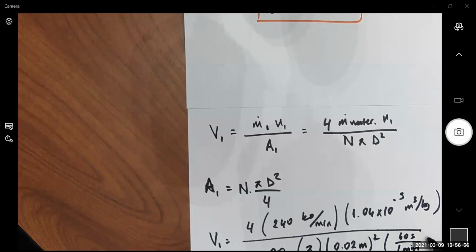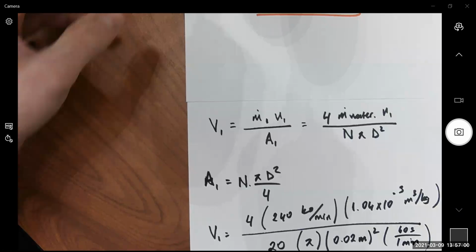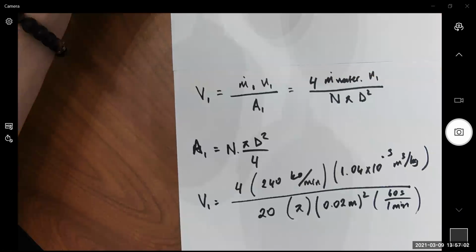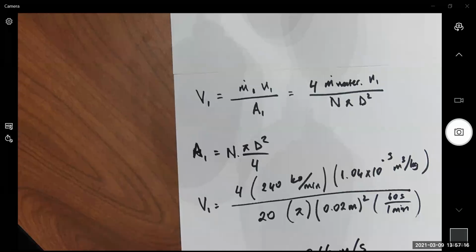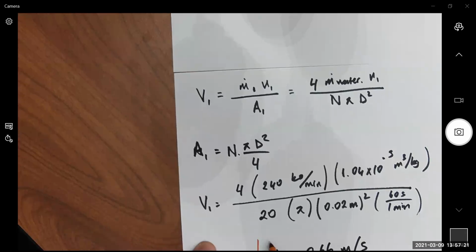I need a unit conversion because mass flow rate is given in minutes. And velocity at the inlet of the water stream, or hot stream in this case, is 0.266 meters per second.